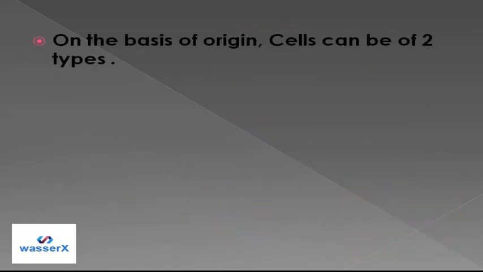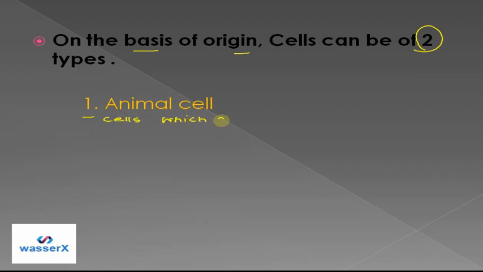Now, on the basis of their origin, that from where the cells have been originated, they can be of two types. Which two types? So first are animal cells. Those cells which are seen in all animals and humans.